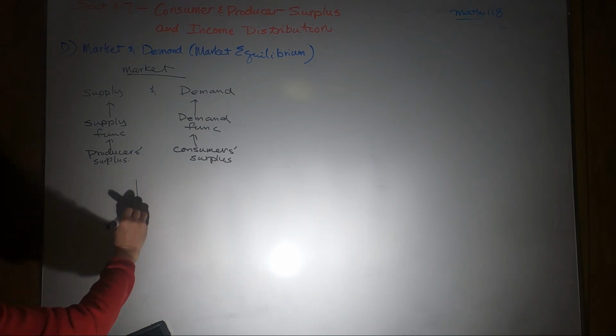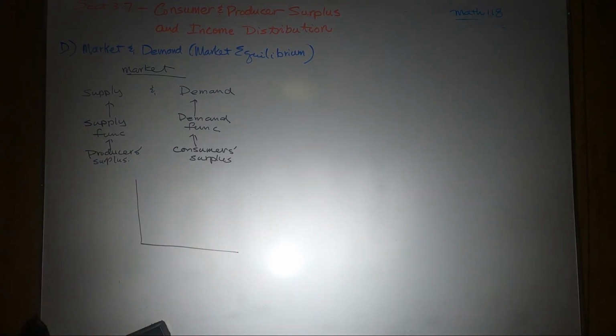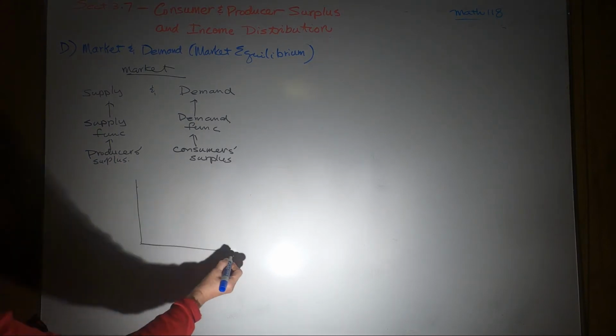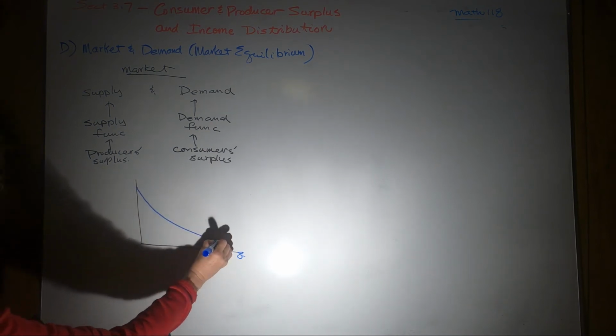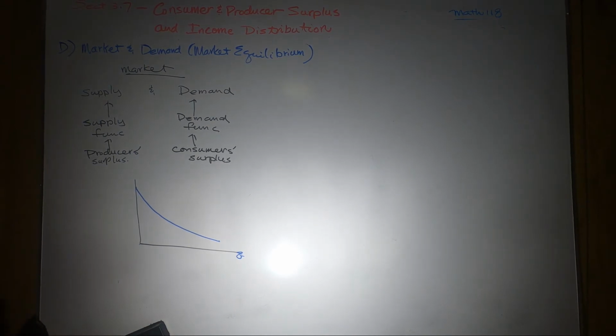So as we saw earlier, for the demand side, the higher the price, the lower the demand, right? This is the quantity. So the lower the price, the higher the demand.